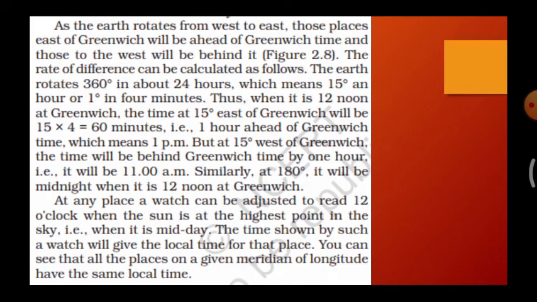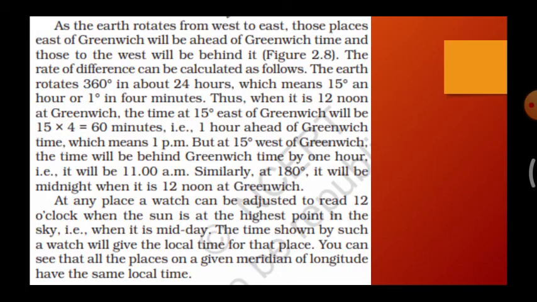At any place, a watch can be adjusted to read 12 o'clock when the sun is at the highest point in the sky, which we can see overhead. The sun will be straight above us, at the top of the sky. That is when it is midday.